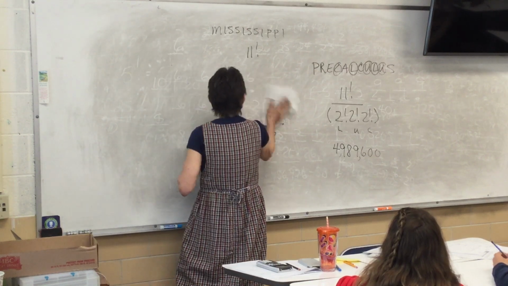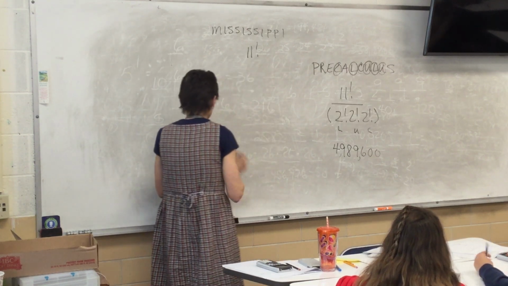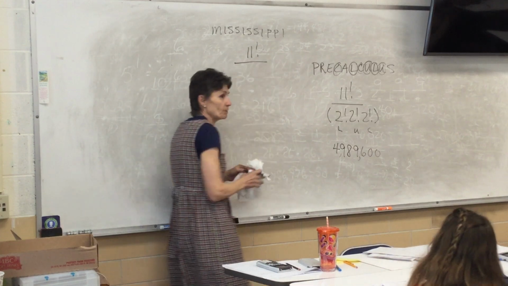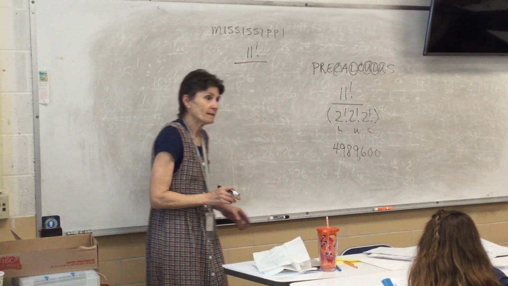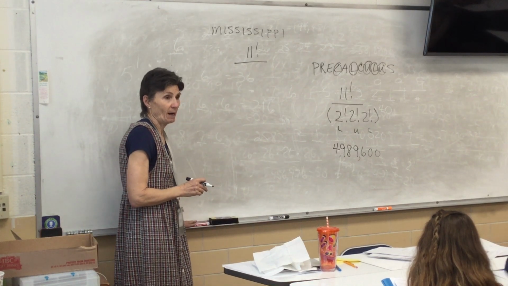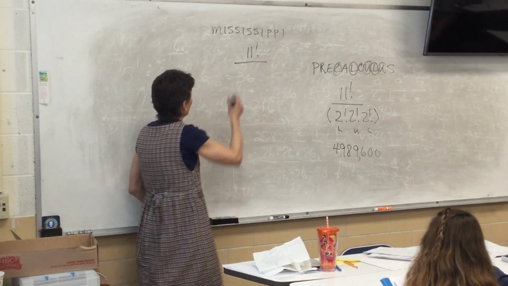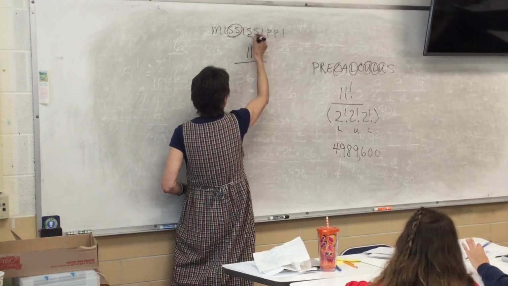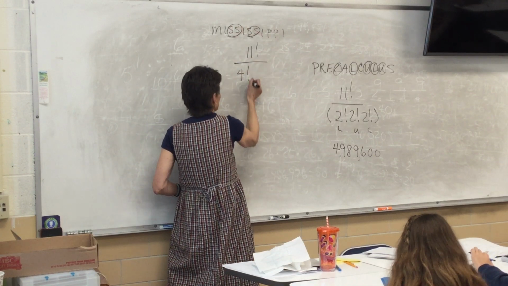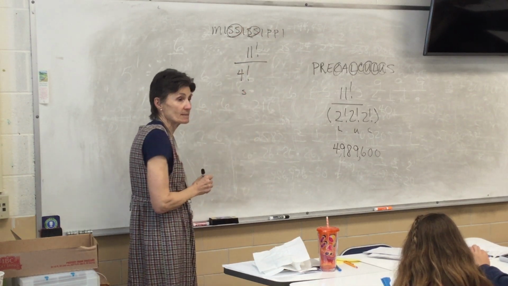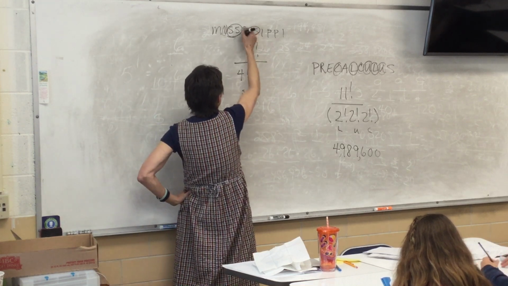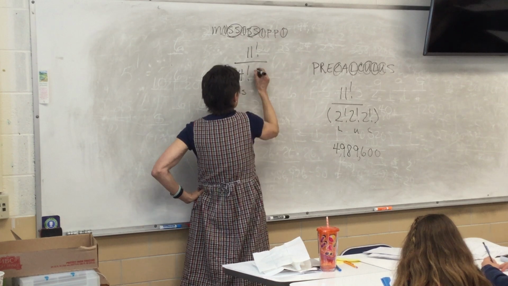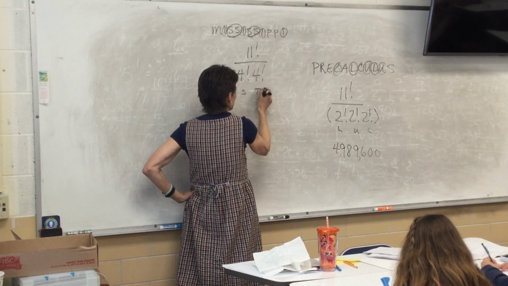Now, since there are some that repeat, it's going to be a division problem. What am I going to divide by? Well, I've got 4 S's, so I'll divide by 4 factorial. That takes care of the S's. I have 4 I's, so I'm going to divide by another 4 factorial.